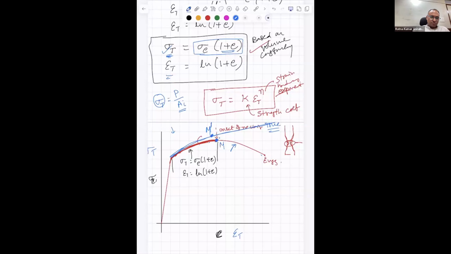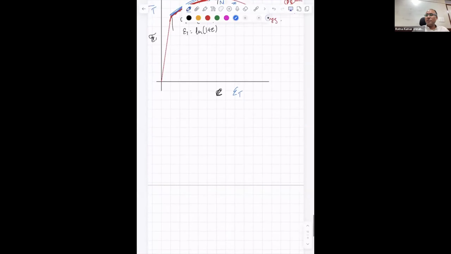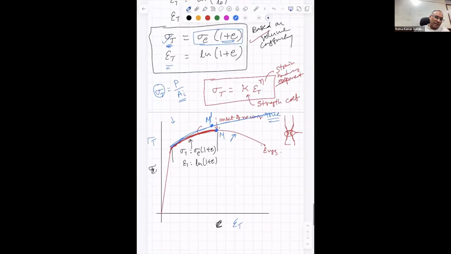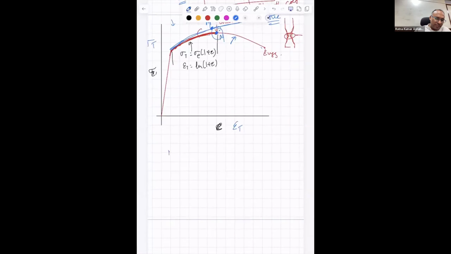So now we have seen the relationships here, and now let us look at necking. Let us try to understand what is happening in necking.